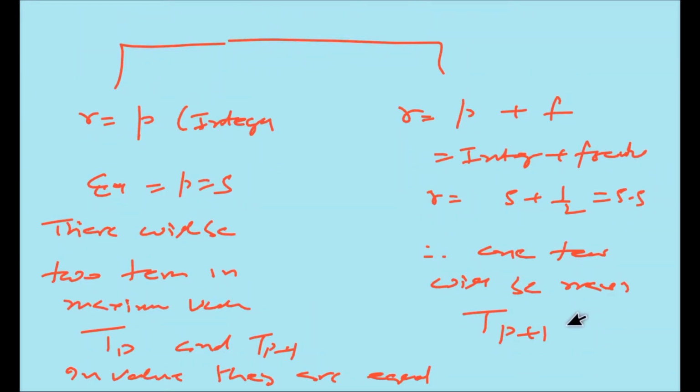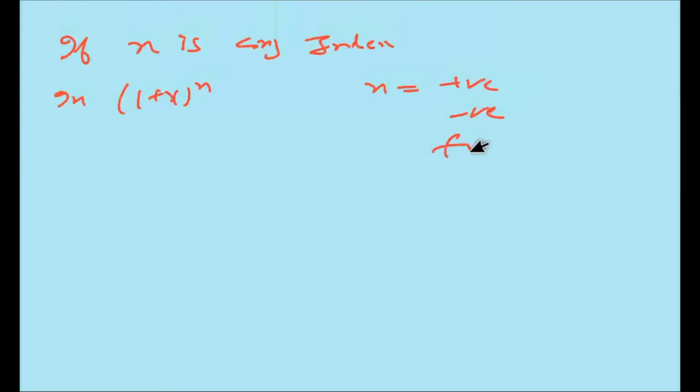Okay, now student, our topic is what we do if n is any index. Now if n is any index, that means in the expansion of (1 + x)^n, n may be positive, negative or a fraction. Then how can you describe it?